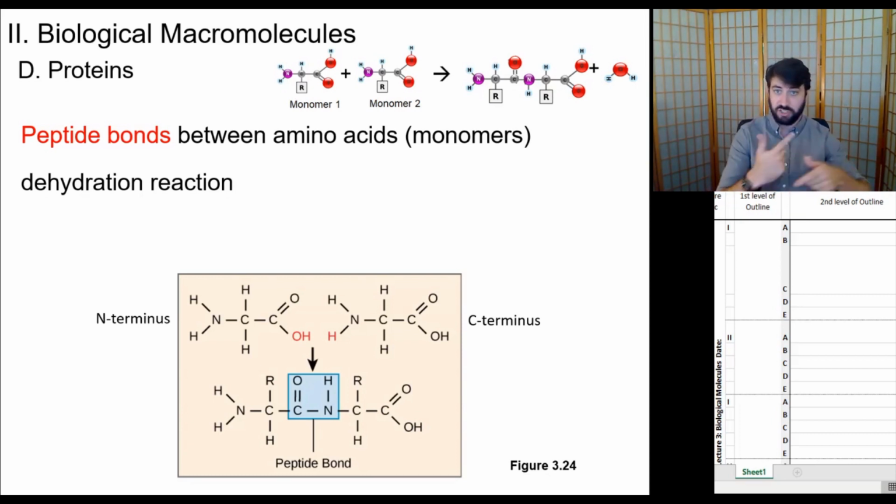Do a little dehydration synthesis, and bada bing, bada boom, you got yourself a polypeptide. Again, the reason they're called polypeptides is because right here is that peptide bond linking the amine and the carboxyl of the adjacent amino acids.